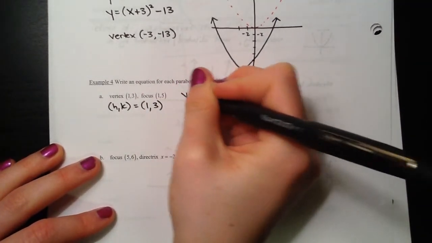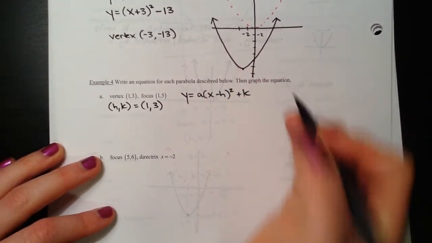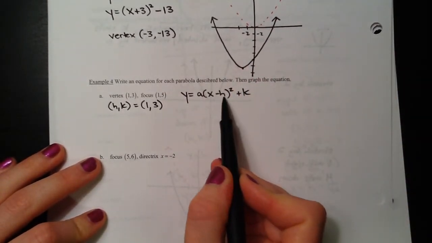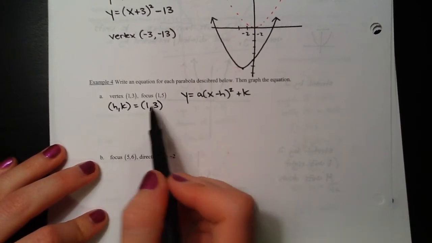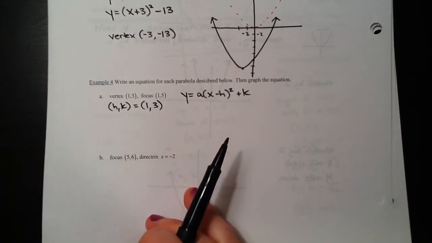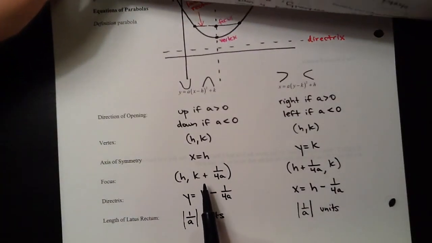I'm going to write down what form I know it's supposed to be in so we can find all the missing pieces. Okay, so we're trying to find A and H and K. So I know H, K is 1 and 3, so this one's actually pretty easy. It pretty much handed me the H and the K. And then the focus, I'm going to take this formula right here.